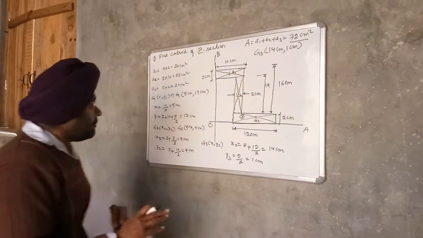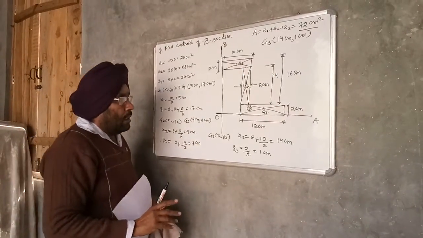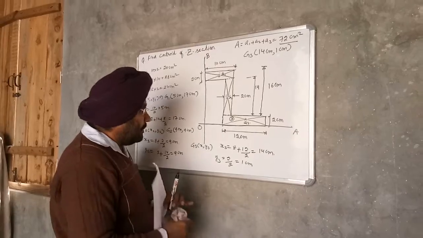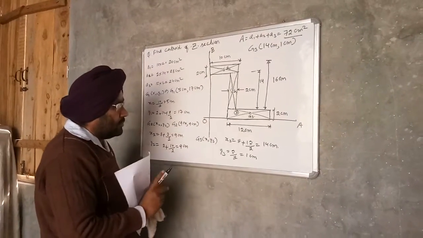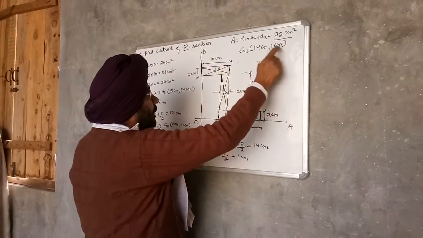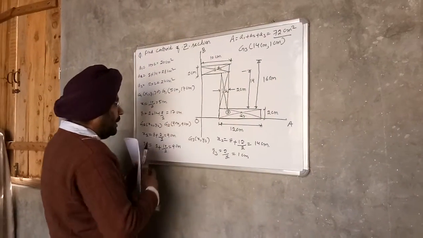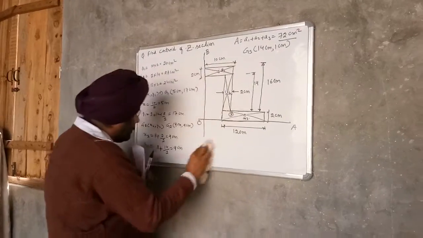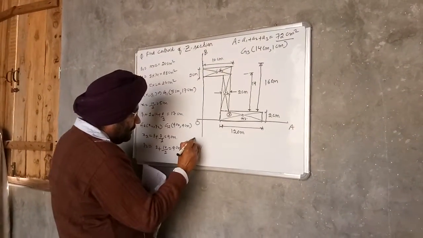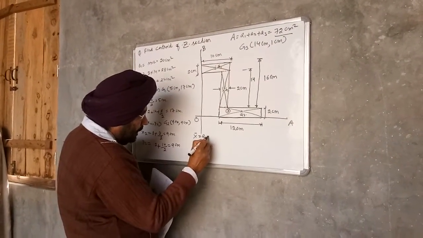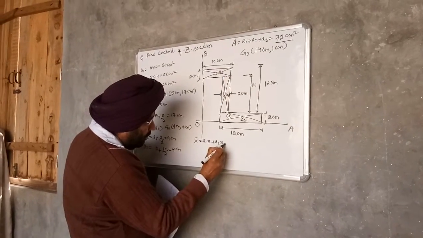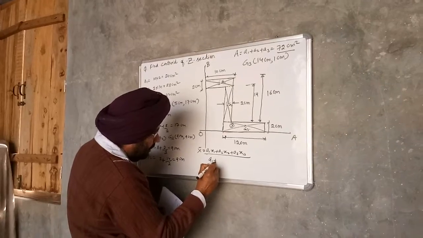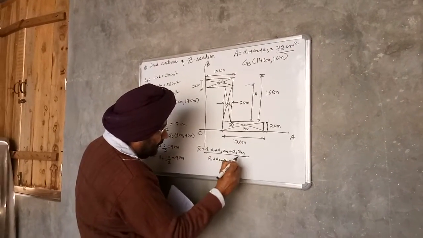So then CG of the whole figure. So x bar, y bar. So x bar is equal to a1 x1 plus a2 x2 plus a3 x3 upon a1 plus a2 plus a3.